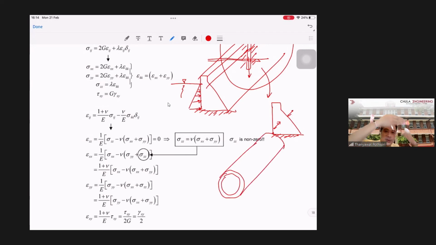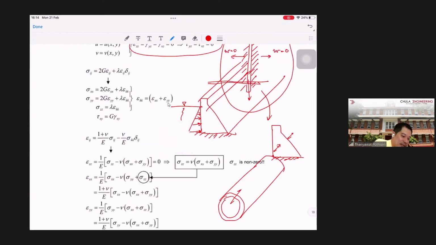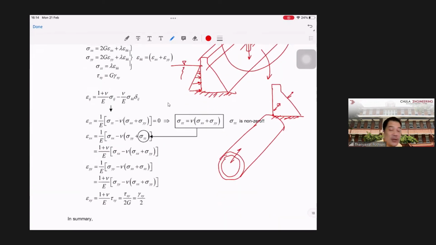If you have a thin slice of your tunnel cut out and think of it as a plane structure, then the perpendicular movement in this direction would be virtually zero, because it's constrained against movement in this direction because of its large dimension in the longitudinal direction. So a tunnel can also be thought of as a plane strain problem as well.